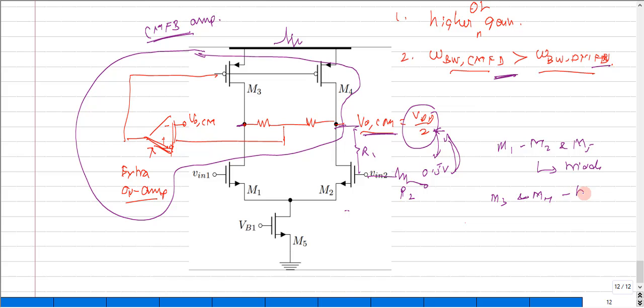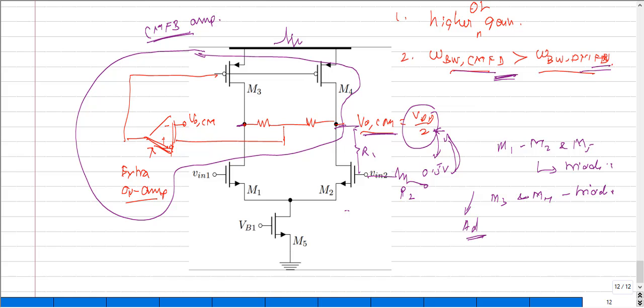When any of these two conditions appear, the differential gain produced by this entire circuit would be reduced, and momentarily the gain from the input to the output for the differential signal would be disturbed. So that is the requirement being posed here. We always want the bandwidth of our common mode feedback to be larger than the bandwidth of our differential mode feedback.